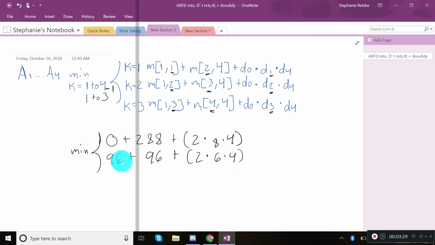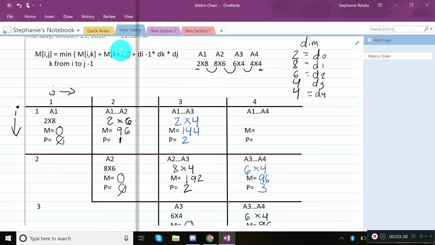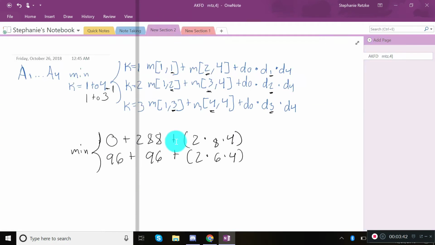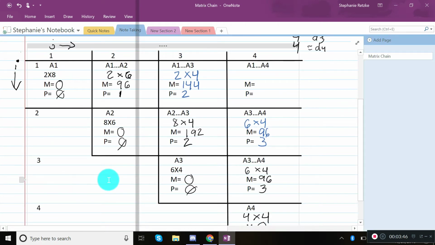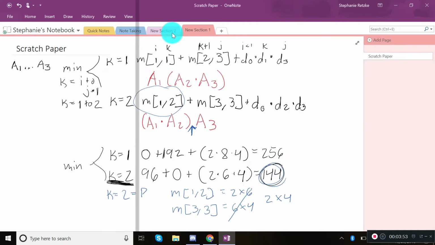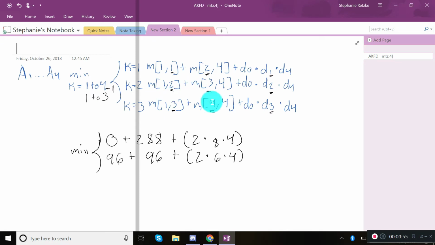Okay, I'm going to show this one because it's one where you haven't seen where both m's have a value. So m1, 2 has a value 96. M at 3, 4 has a value of 96, as you can see. So that's why they both have 96.